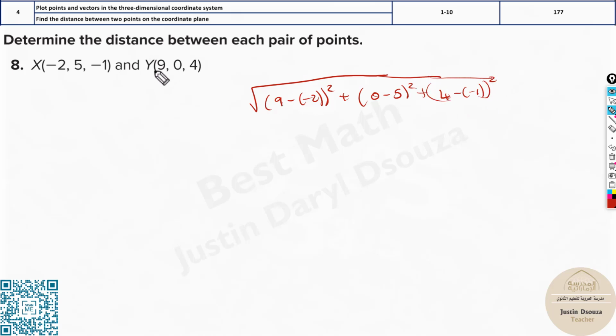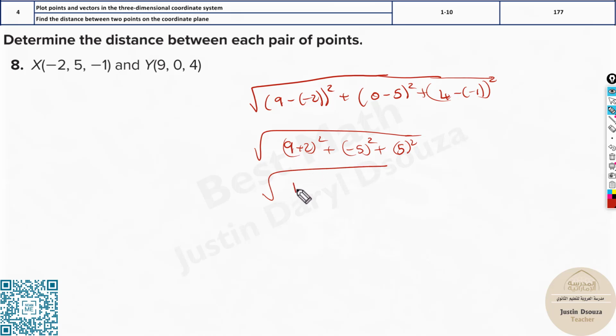Why? Because it's x2, 9, minus x1. x1 is already minus, so we use the bracket. Now here 9 minus of minus 2 will become plus 2 the whole squared, plus minus 5 the whole squared, plus 4 minus of minus 1 will be 5 whole squared.